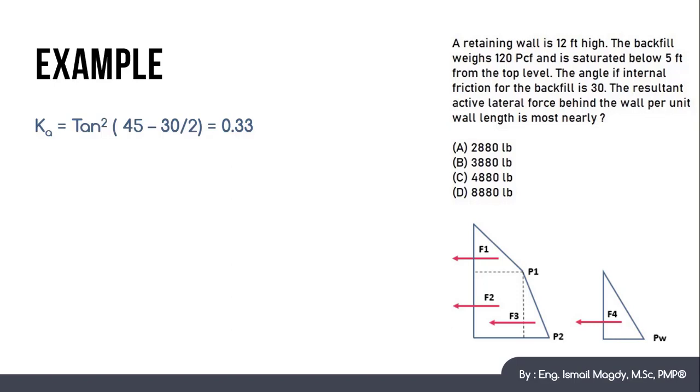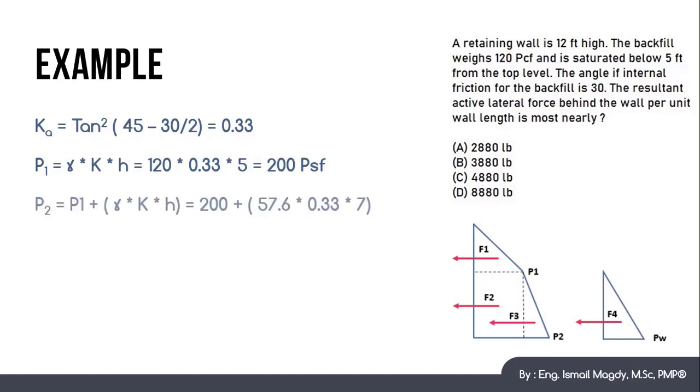We will start first by calculating P active 1. P active 1 will equal gamma multiplied by K by H, which is 120 multiplied by 0.33 multiplied by 5, which will equal 200 PSF, and P2 will equal P1 in addition to the gamma KH for the 7 feet part, which will be 200 plus 57.6, because this is 120 minus 62.4, because this gamma is the effective gamma.